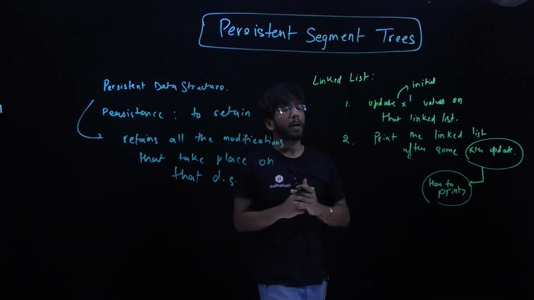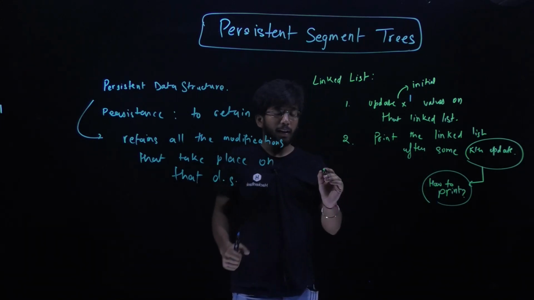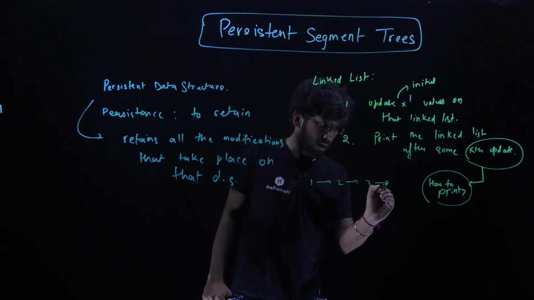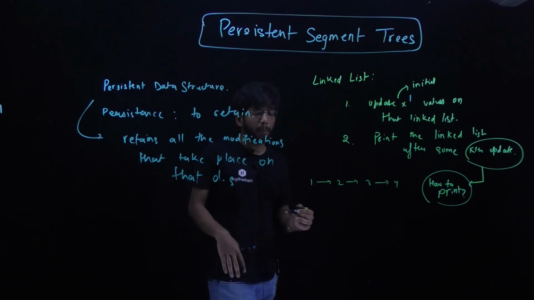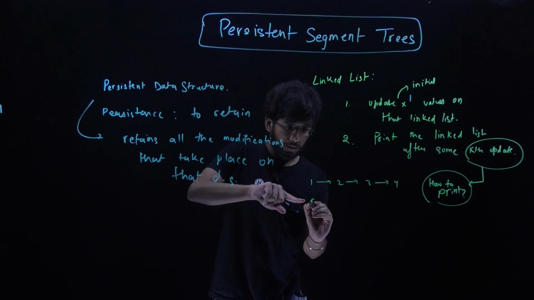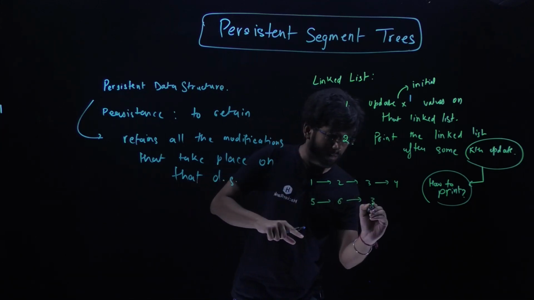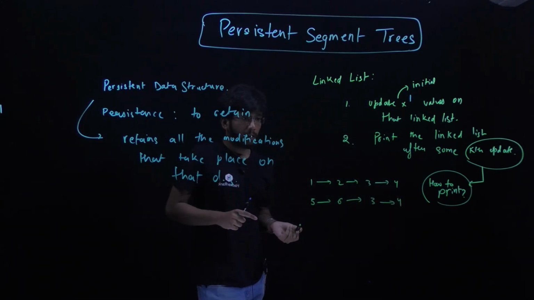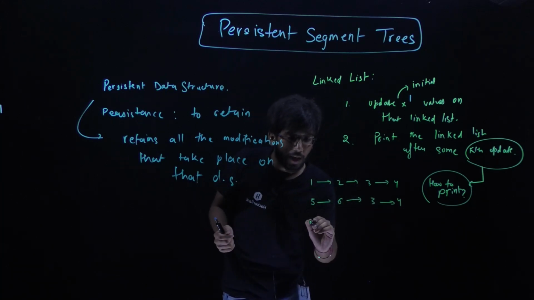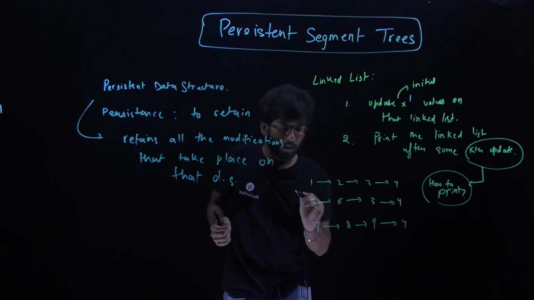In this case, we cannot update the X values in place as they come in because, for example, if we have some linked list like this, and now I update the first two values to some new numbers, let's suppose 5, 6, my new linked list looks like this. And now if I update the first three numbers to 7, 8, 9 respectively, this is how my new linked list looks.